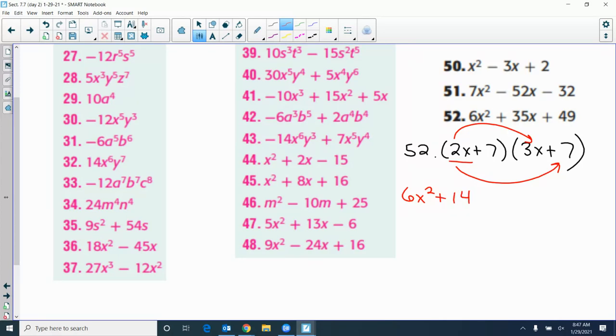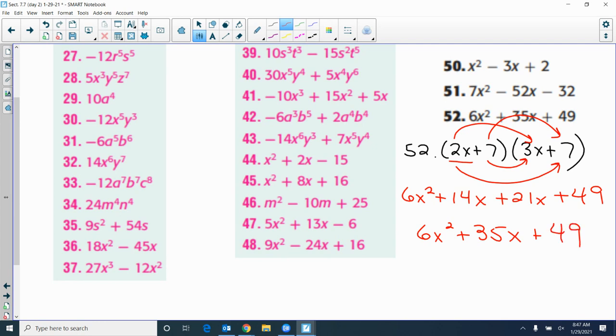After that, you do the inner ones, 7 times 3x, which is 21x. And then you multiply the last ones, which is 49. Now you add your two middle terms together. So you get 6x squared plus 35x plus 49.